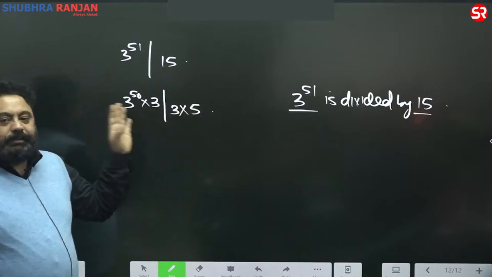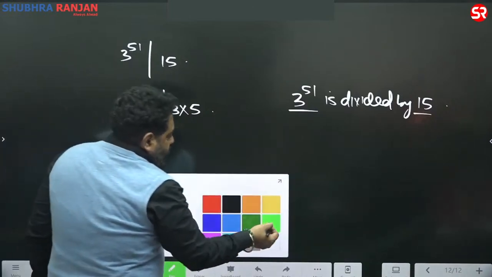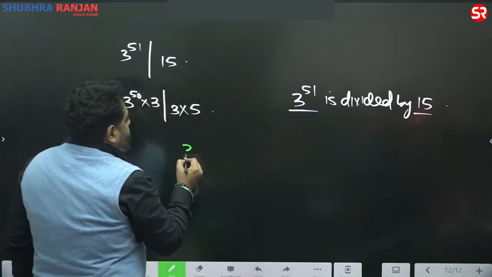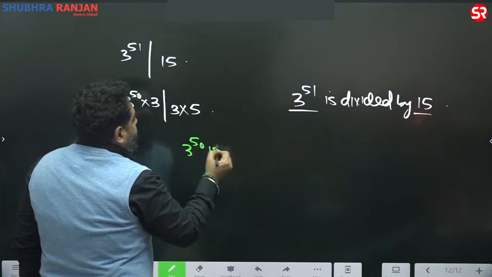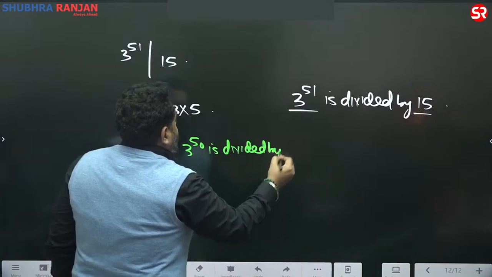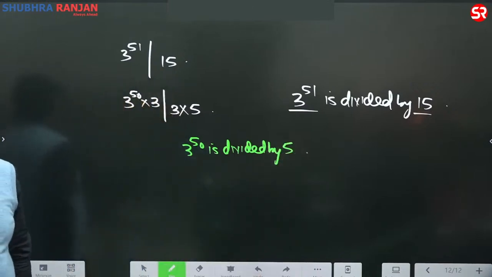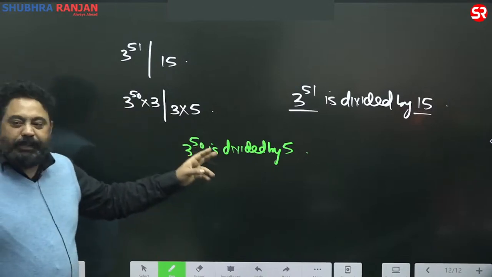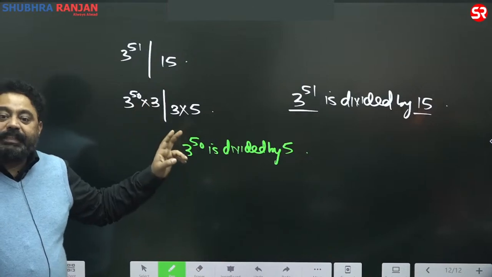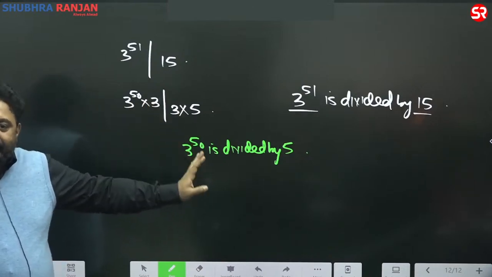Cancel off 3 and 3 both. So your question changes to 3 to the power 50 is divided by 5. So what did you cancel up and down? You cancel 3 up and down.